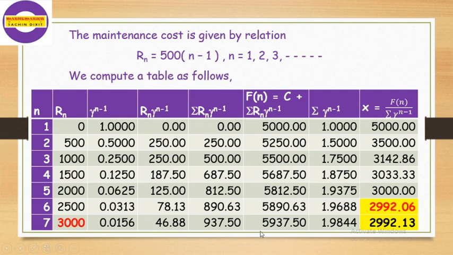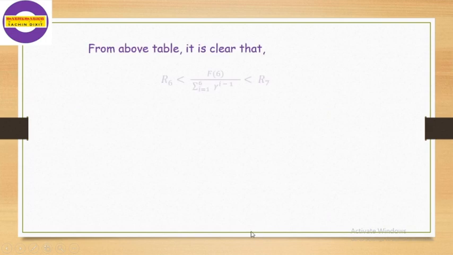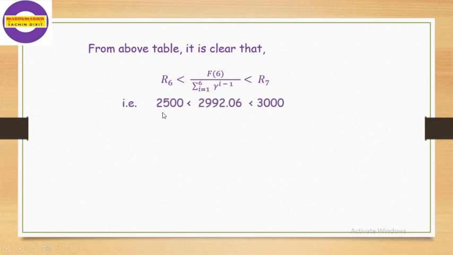Let us conclude the point. From the above table, it is clear that this is correct. No correction in this formulation. R6 is less than F6 divided by summation i varies from 1 to 6 gamma raised to i minus 1, less than R7. The value of R6 is 2500.